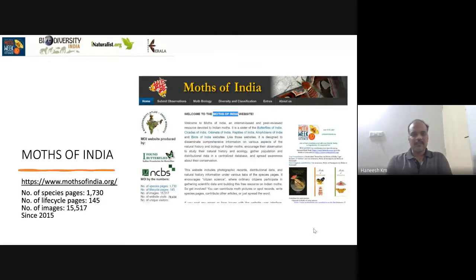I'll touch on three of the main citizen science initiatives in the area of moths in India. These three are actually partners of this year's National Moth Week celebration. One is the Moths of India website.